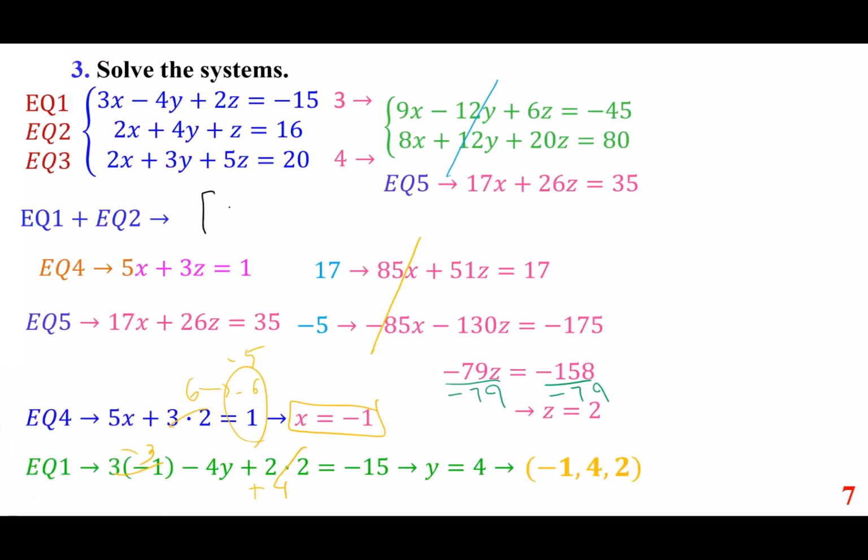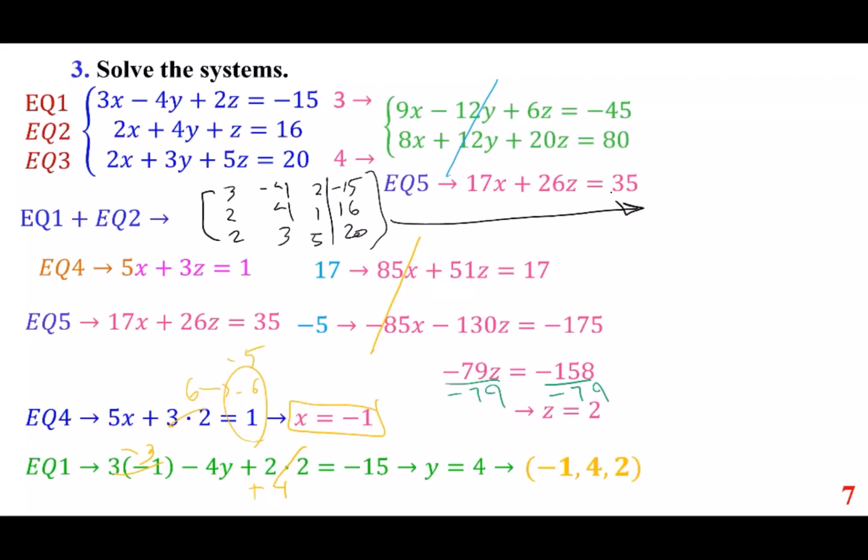Let's go with 3, 2, 2, column-wise. -4, 4, 3, 2, 1, 5, -15, 16, 20. Let's move into technology.